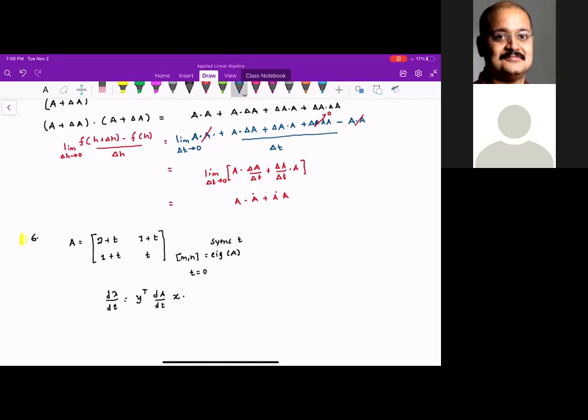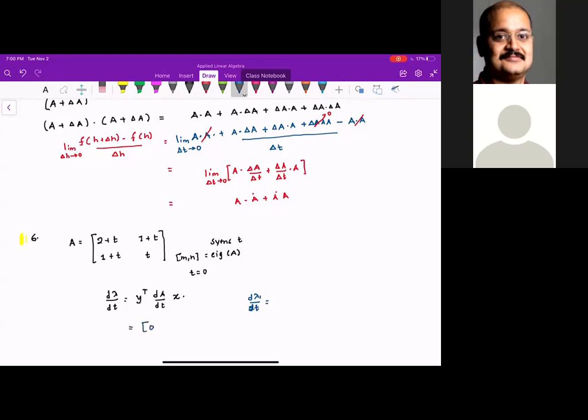I tried to do this problem by hand, so I will tell you the answers that I got. d lambda 1 by dt, now I have y transpose.